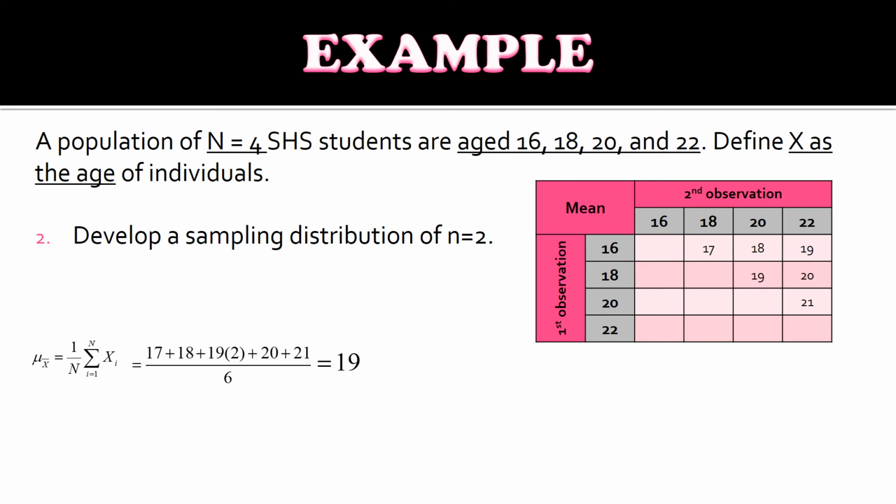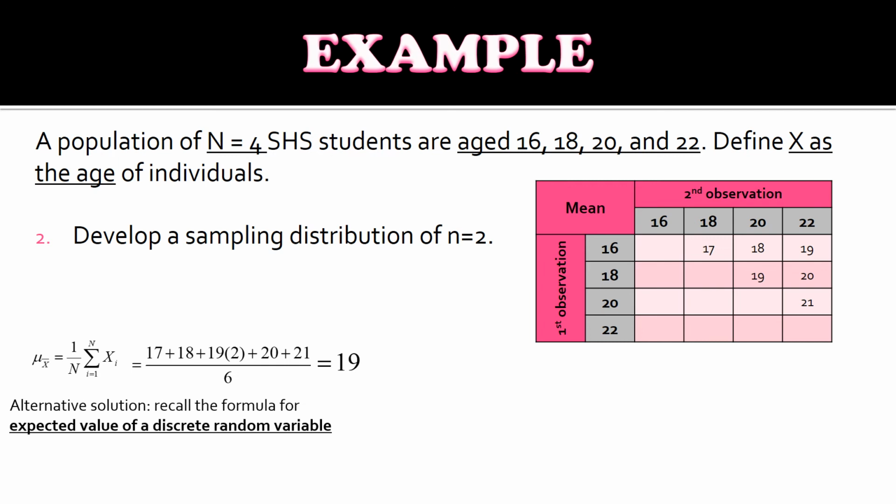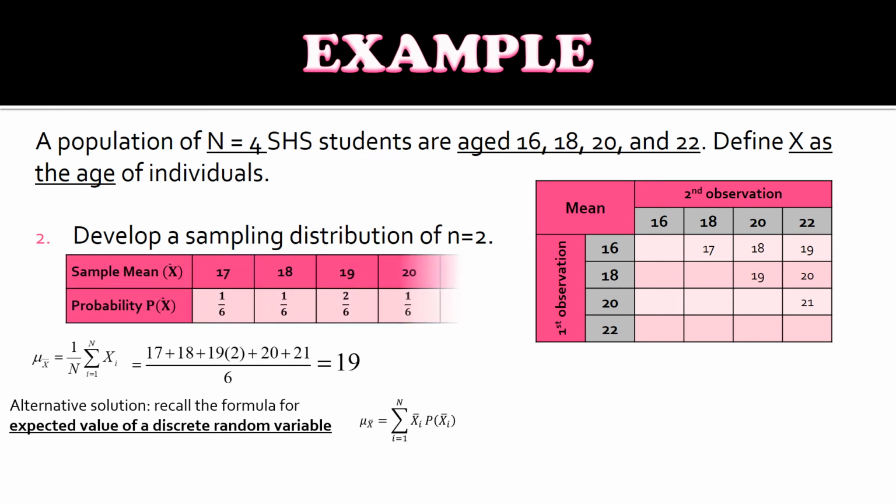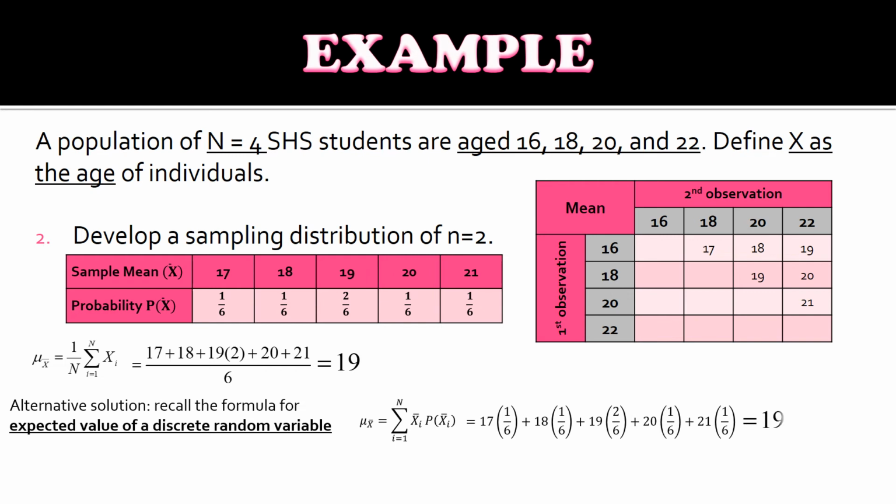And we can also have an alternative solution, same thing with the expected value. So we would have the table here, and then substitute: 17 times 1 over 6 plus 18 times 1 over 6 plus 19 times 2 over 6 plus 20 times 1 over 6 plus 21 times 1 over 6, and same thing, the answer is also 19.